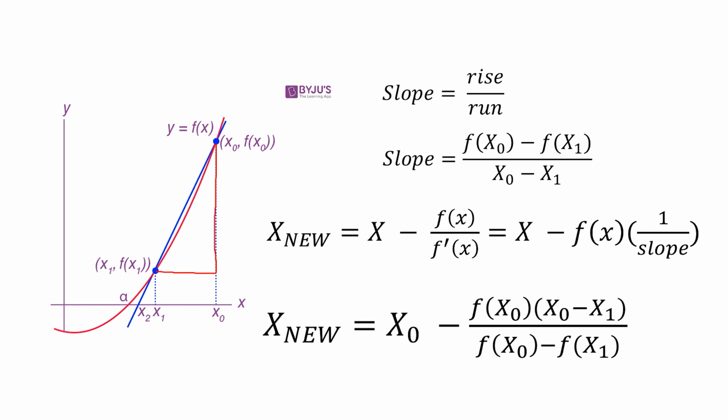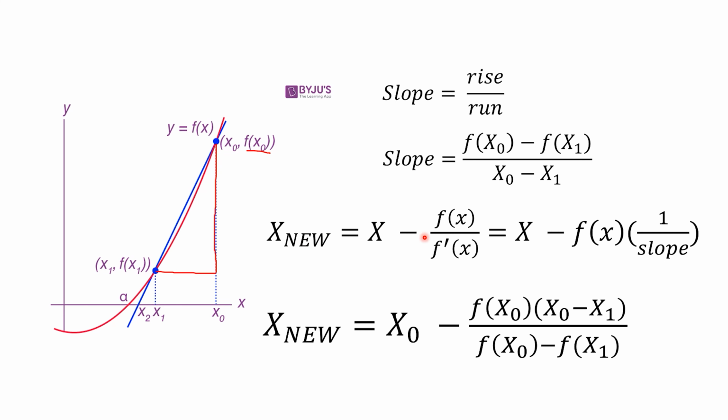Here, we have our 2 points, x sub 0 and x sub 1. Therefore, our slope will be, for the rise, the function f of x sub 0 minus the function f of x sub 1, all over the run, x sub 0 minus x sub 1.